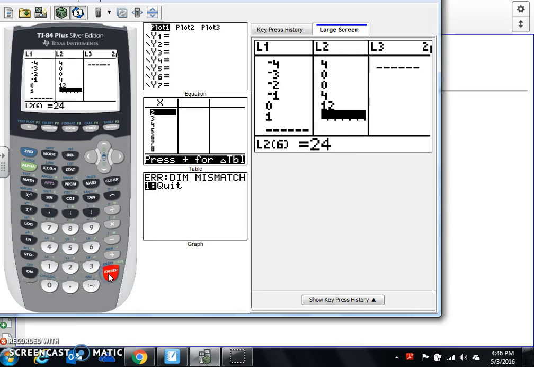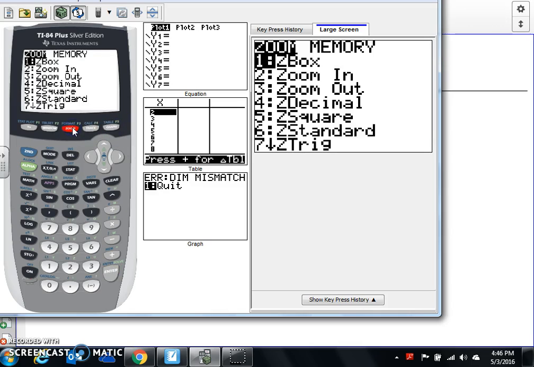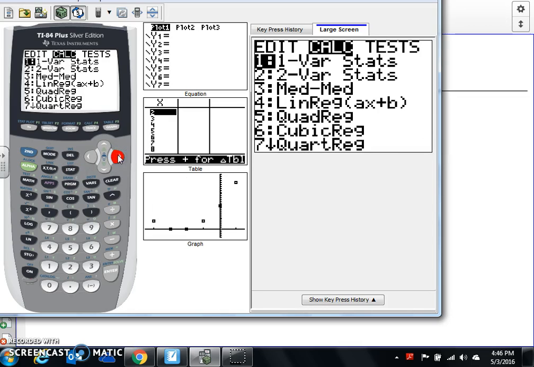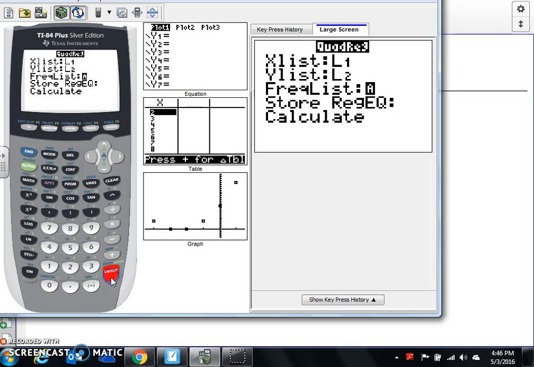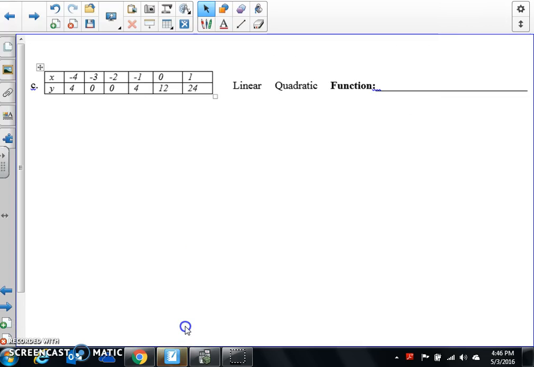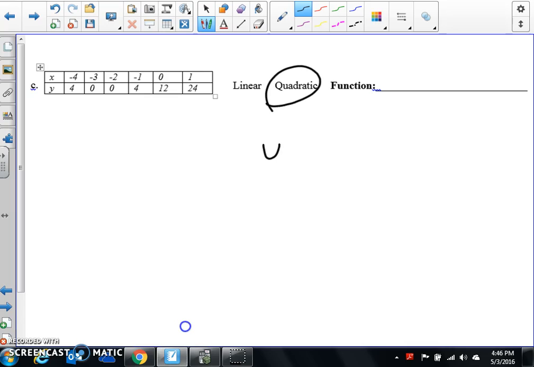You should be thinking quadratic right now. Let's go ahead and go to the graph, zoom 9. Sure enough, it's got a curve, so that's going to be quadratic. So we go stat, calc, quad reg, which is 5. And there's our coefficients, so we just plug it in as y equals 2x squared plus 10x plus 12.